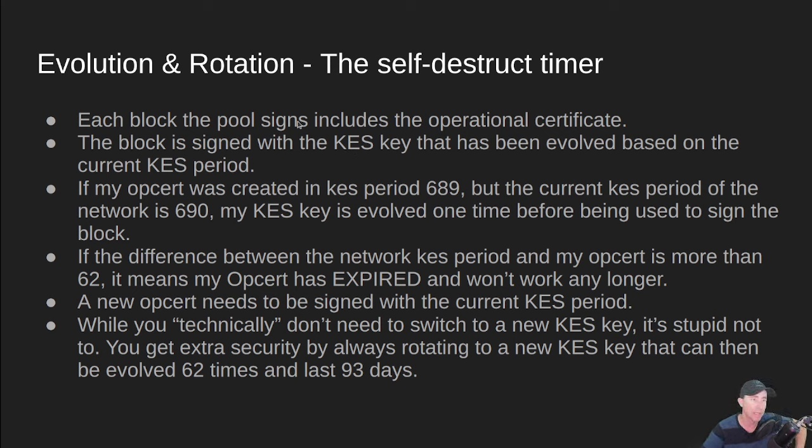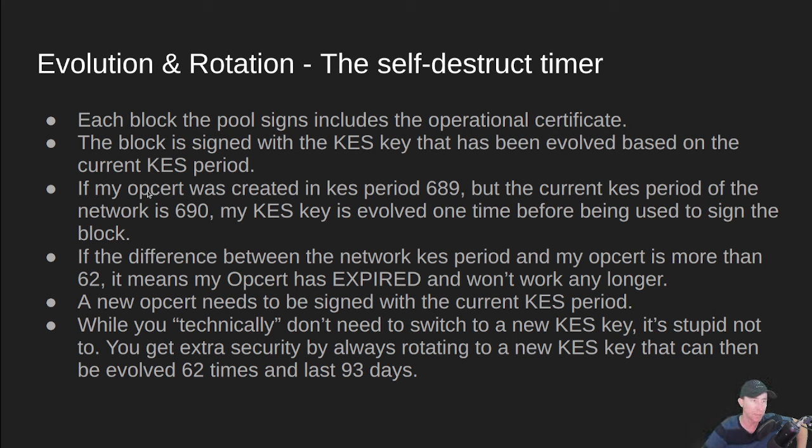So each block the pool signs includes this operational certificate. The block is signed with a KES key that has been evolved based on the current KES period. So remember, at the start of Shelley, we start with the very first KES period, and then every 1.5 days, that's just a number that ticks up by 1.